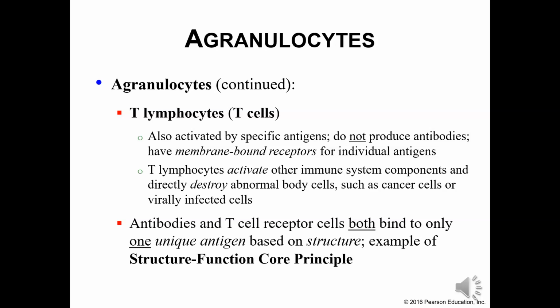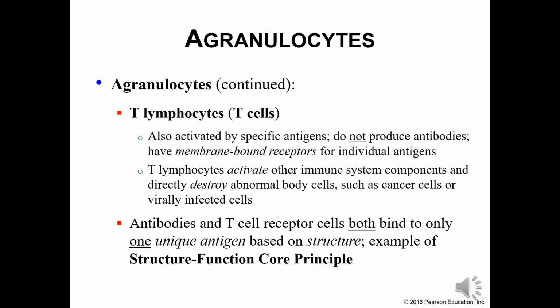Now, the other type of agranulocyte or lymphocyte is called the T cells, or the T lymphocytes. These are the cells that are also activated by specific antigens, which are usually antigens on viruses or bacteria that have invaded the body. The T cells do not produce antibodies, however, but they do have membrane-bound receptors for the individual antigens.